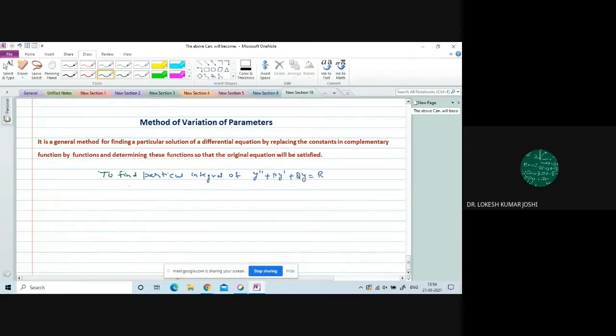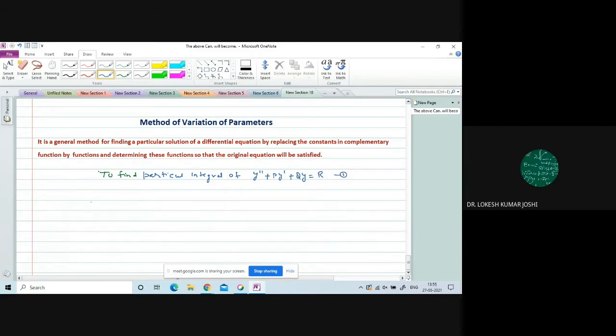We take help of general solution or we take help of complementary function. It means at first we find out complementary function, then use the solution of complementary function to find out particular integral. Say this is equation number 1.